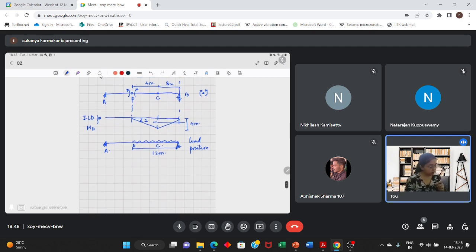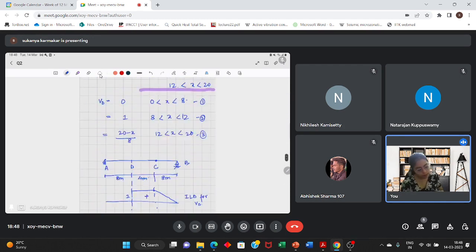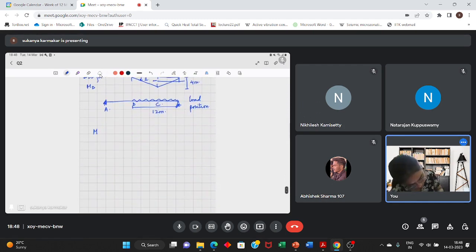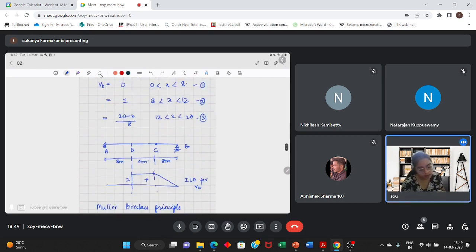So maximum bending moment at point D is equal to area of the ILD, half into base, which is 12, height is 4, into the intensity of the load.